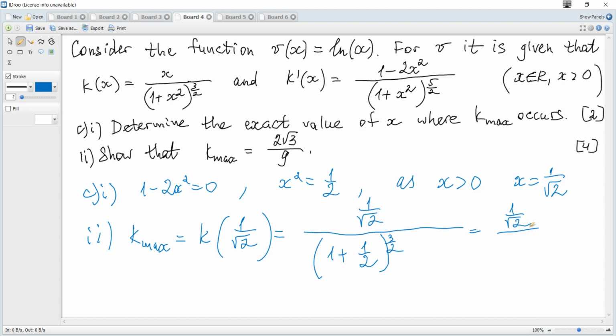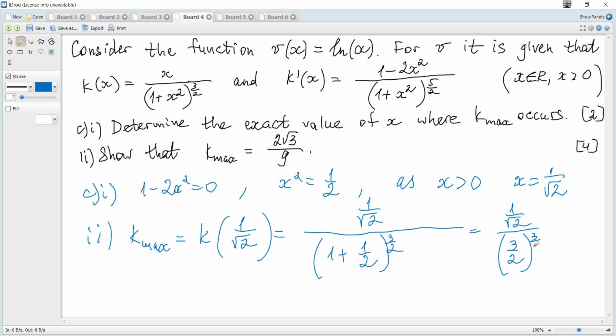It becomes 3 over 2 to the power of 3 over 2. What is it? It's the square root of 3 over 2 cubed, and cubed means squared times 3 over 2, and the square root of 3 over 2 squared is just 3 over 2.